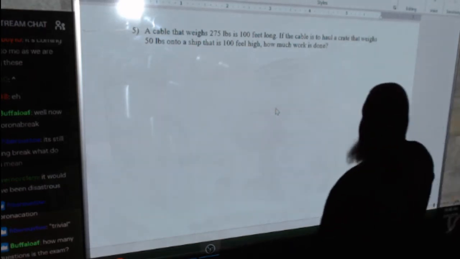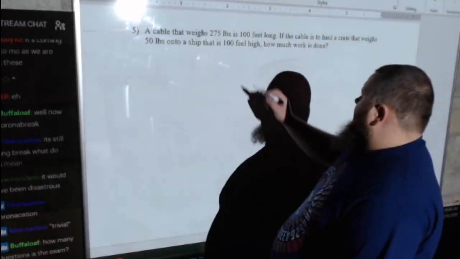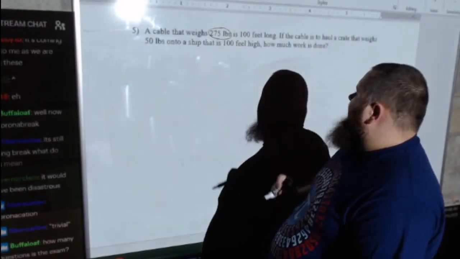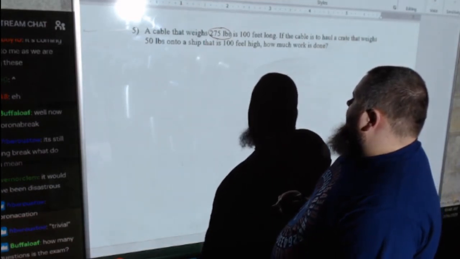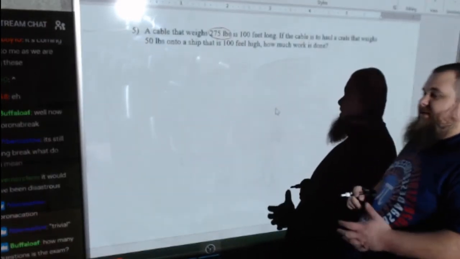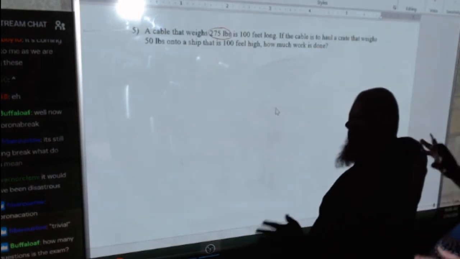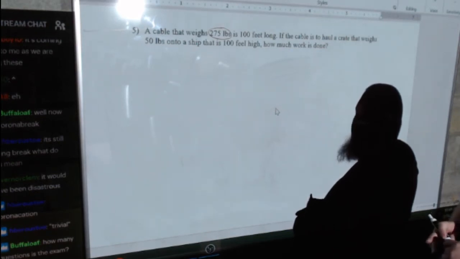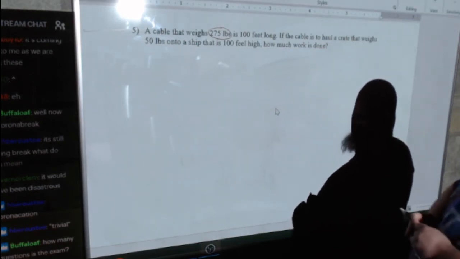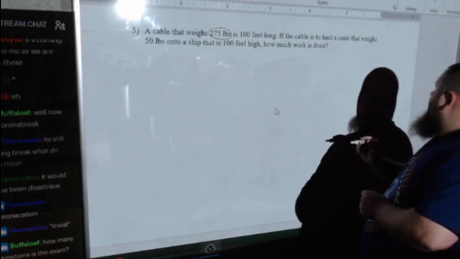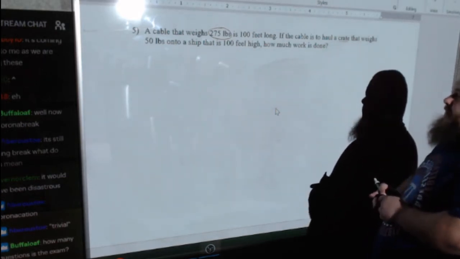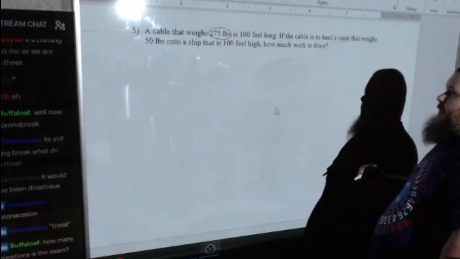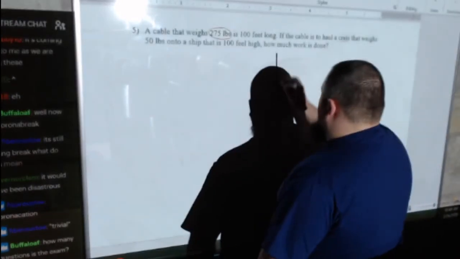Alright, so the reason I said this is real easy is because it says 275 pounds. They've already given us the weight. This isn't a problem where they gave us the density. So we don't have to worry about the volume, the area, the length, whatever for that. Or at least for the crate, right? The crate's weight is just given. So the cable's 100 feet.